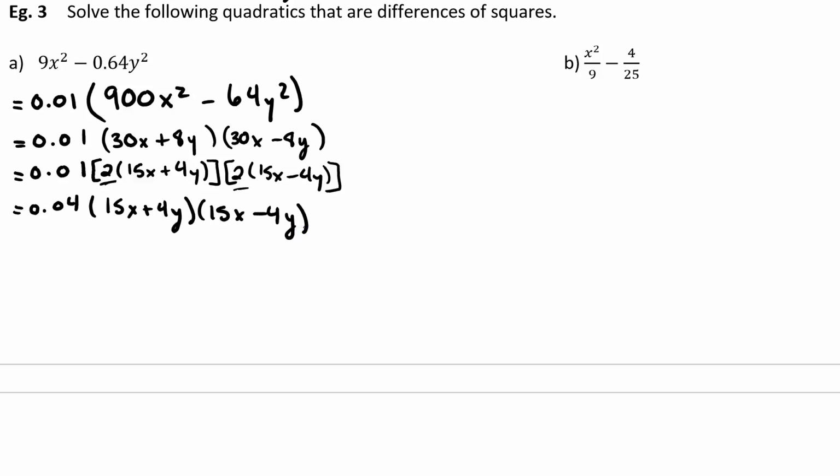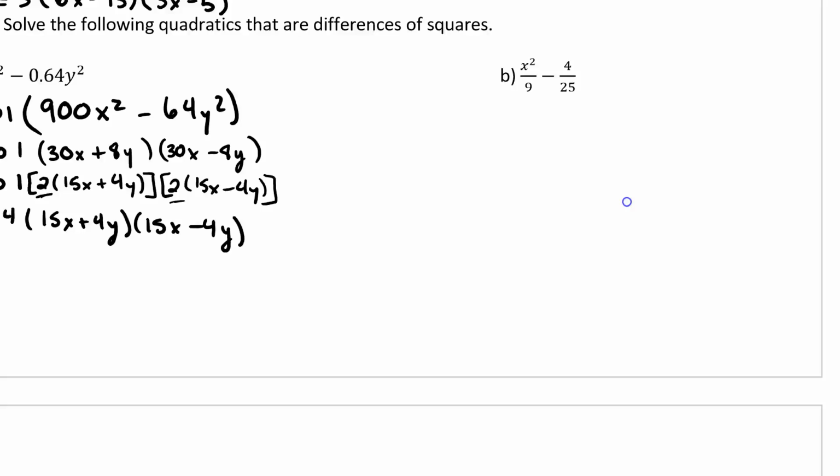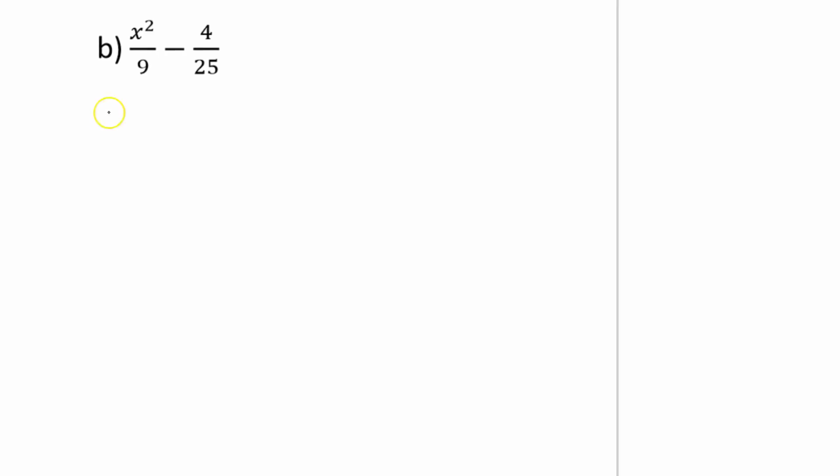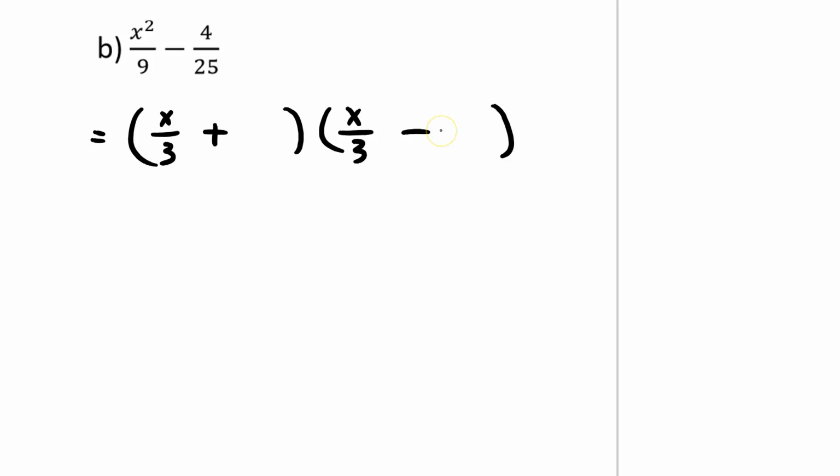Totally not fair, because we're going to get to this one, and even though it's fractions, it's going to be way easier to conceptualize. So with this one right here, we're going to get x over 3, because the square root of x squared over 9 is x over 3. We're going to give one a plus, we're going to give one a minus.